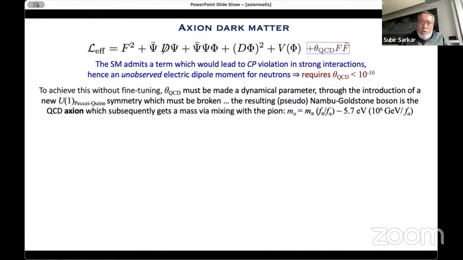And soon after, as you all know, Weinberg and Wilczek pointed out that this spontaneous violation of this Peccei-Quinn symmetry would give you a Nambu-Goldstone boson, much as the breaking of chiral symmetry by the quark condensate at the QCD scale generates the pion.